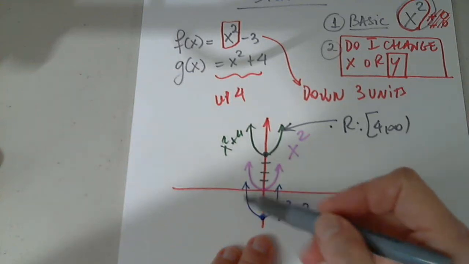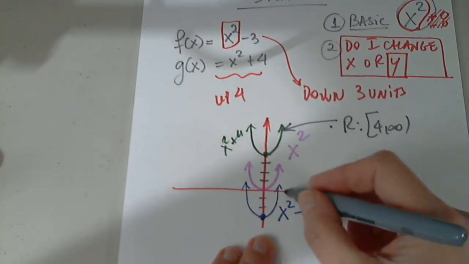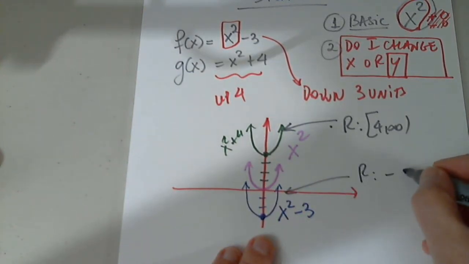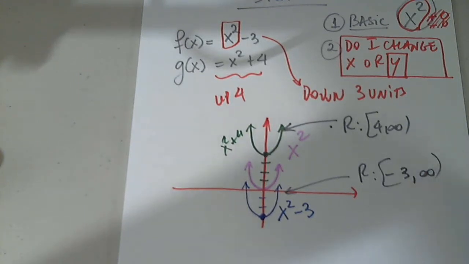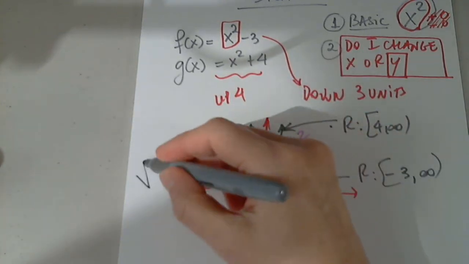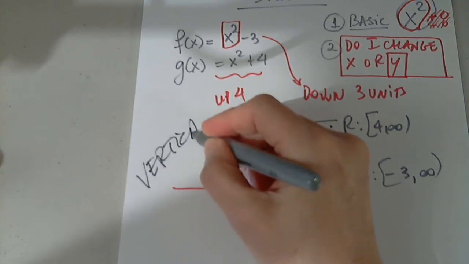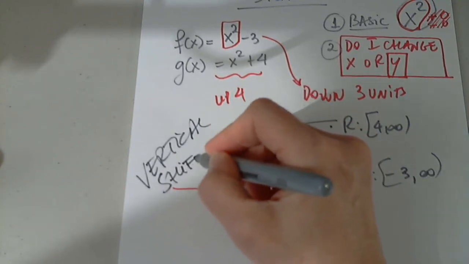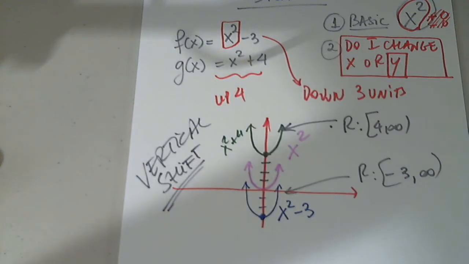Once you know x squared, now you know that x squared minus 3 must have a range of negative 3 to infinity. Just like that. Because you know transformations. Not all of them yet. You know what it's called, a vertical shift. So this was a vertical shift, either up or down, because it's a transformation on y.